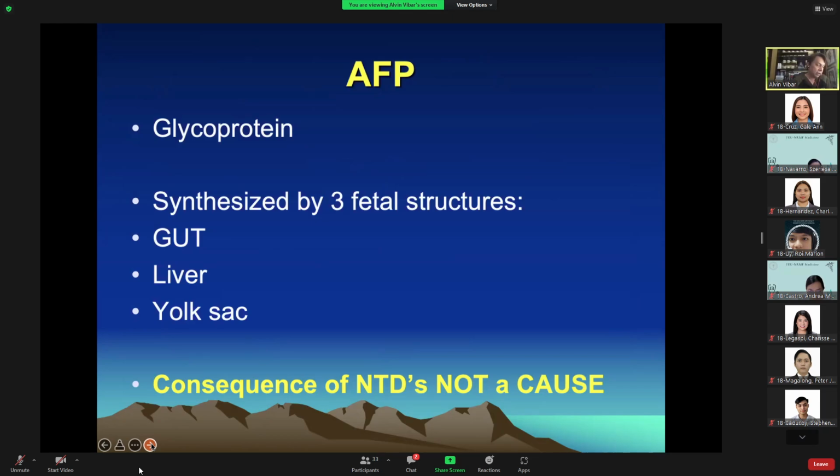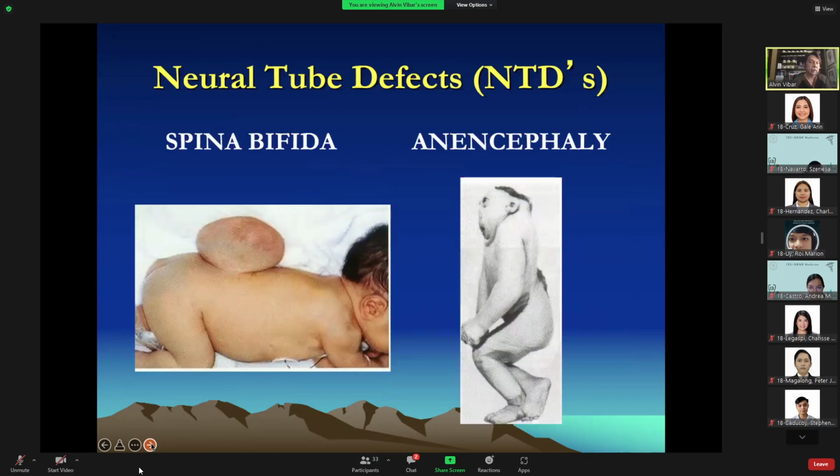Alpha-fetoprotein is a glycoprotein which is synthesized by three fetal structures: the developing gut, the liver, and the yolk sac. It's a consequence of neural tube defects, not a cause of neural tube defect. It's a consequence. Kaya siya tumaas kasi nagkaroon ng neural tube defect. And these are the two types of neural tube defects to remember for this lecture: spina bifida and anencephaly.